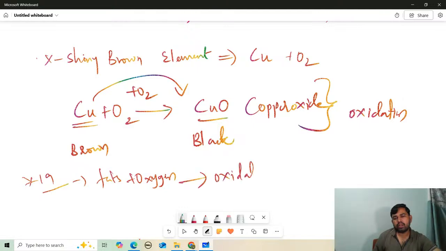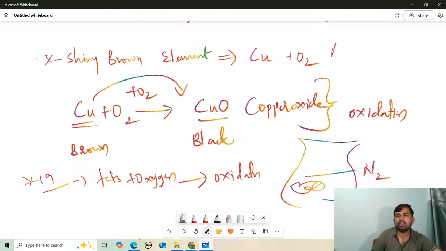So to avoid the oxidation process, they are filled with inert gas N2, which will not react with the food. So nitrogen gas is inert, which will help.